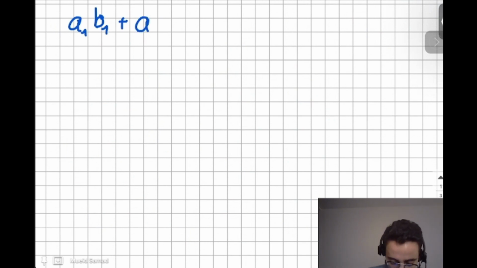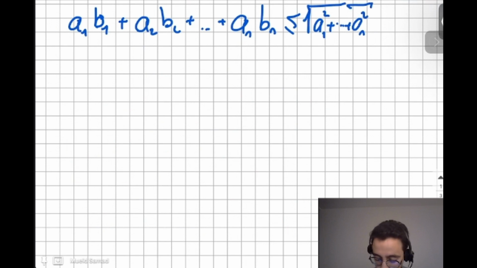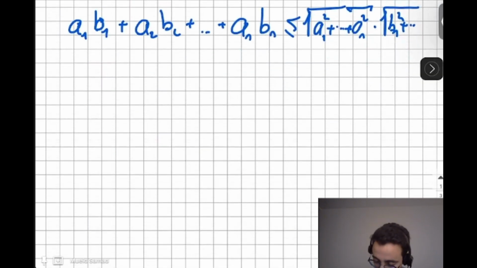a1 times b1 plus a2 times b2 up to an times bn. This is smaller or equal to the square root of a1 squared plus up to an squared, times the square root of b1 squared plus up to bn squared.